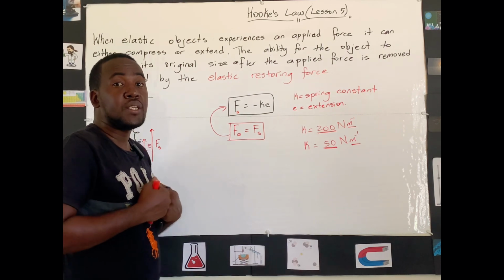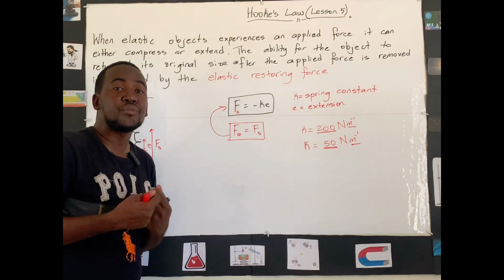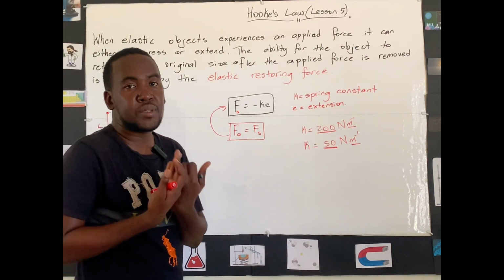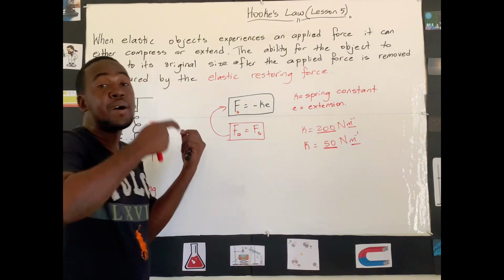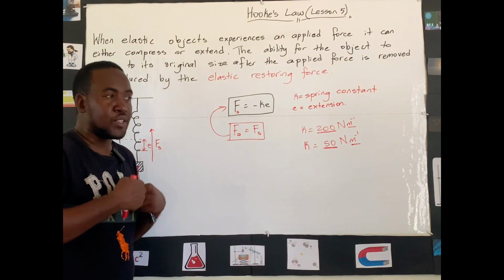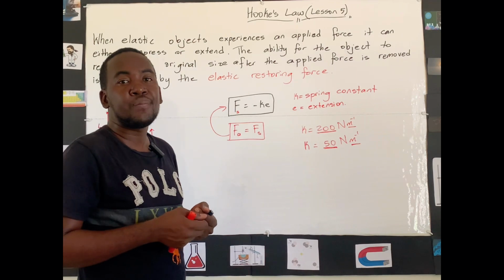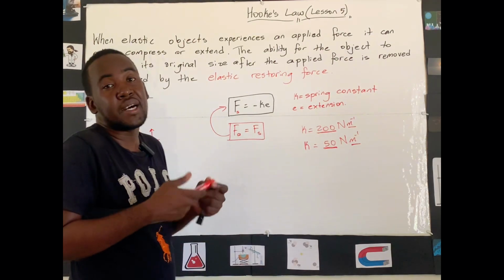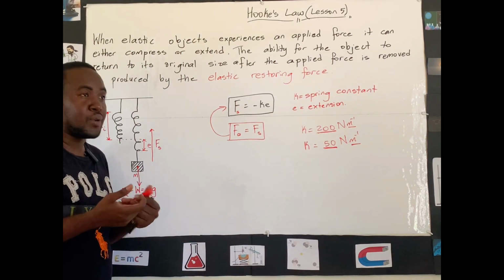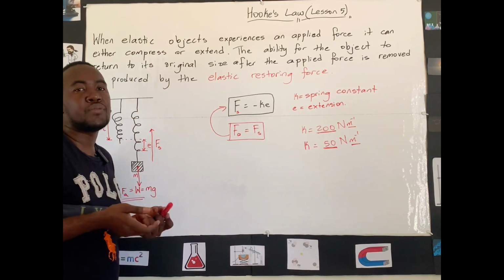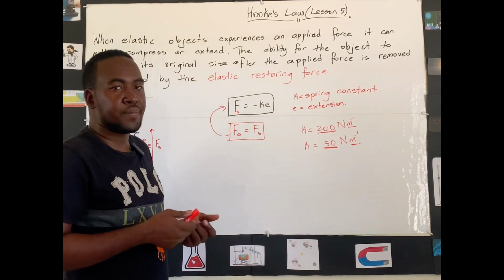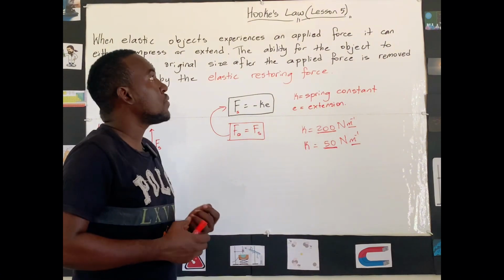So we need to know how much restoring force this bridge can produce in order for it to actually come back to its normal position. Because if it doesn't come back to its normal position, then it's going to be called a deformed object. And once it's deformed, then over a period of time, it will break. So that's the importance of Hooke's law.